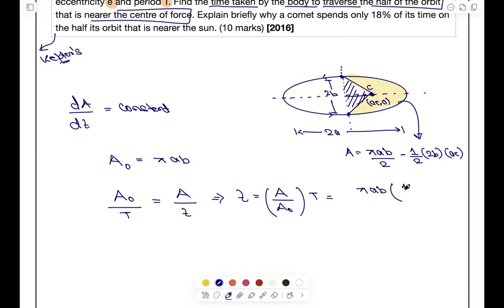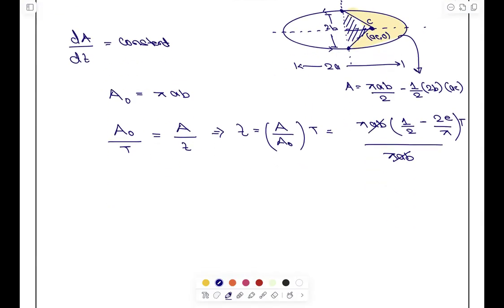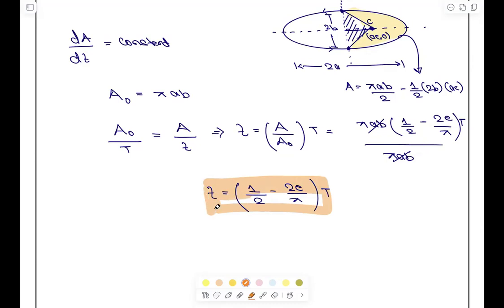Here you will have half, and here you have 2e by pi, divided by A naught, which was pi ab, and this whole multiplied by capital T. So pi ab will cancel out, and the answer you will have is half minus 2e by pi, into T. This is the result they have asked to find out.